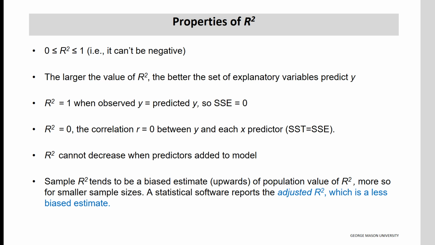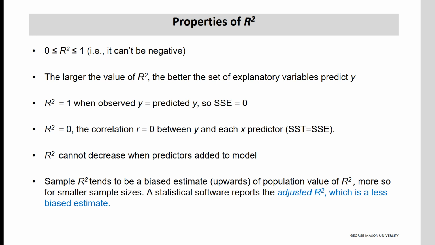That means when we say upwards, it means that every time we add a variable into the model, even if the variable is not a good predictor of the dependent variable, the R squared will tend to increase. So because of that, the statistical software that we use for analysis reports, besides the actual value of R squared, also the adjusted R squared, which is a less biased estimate.